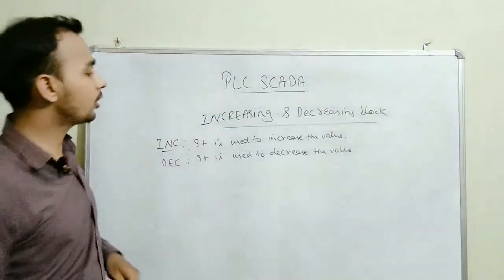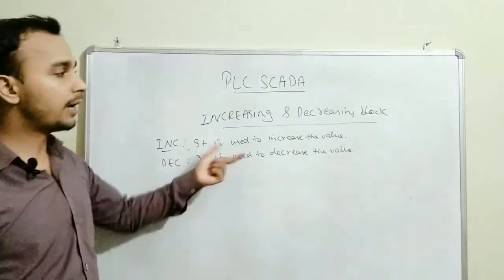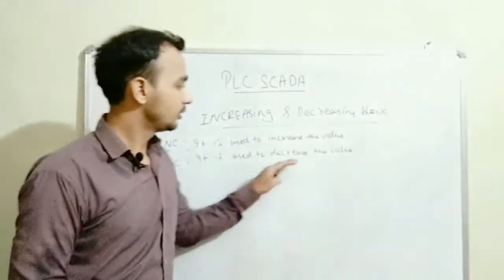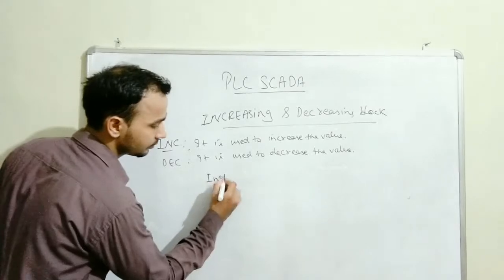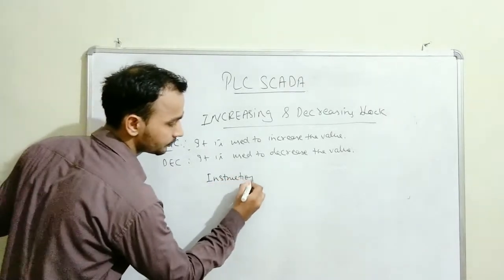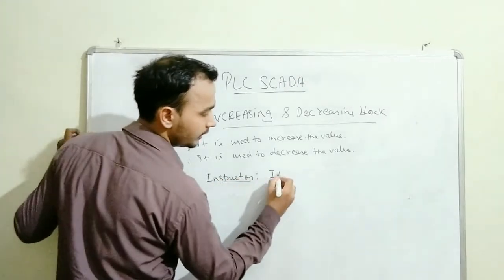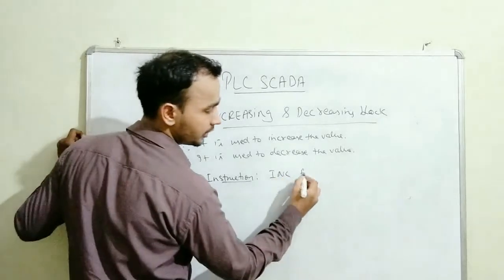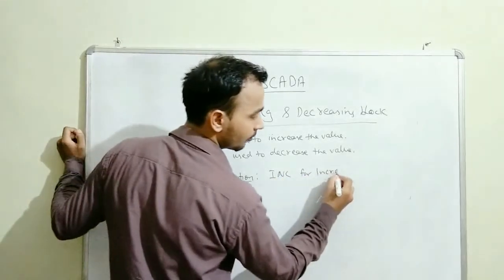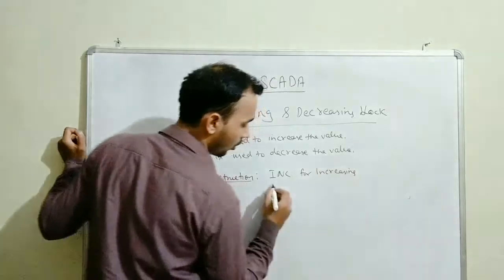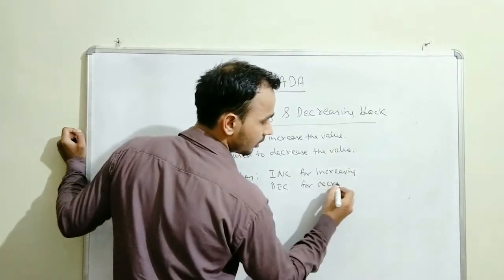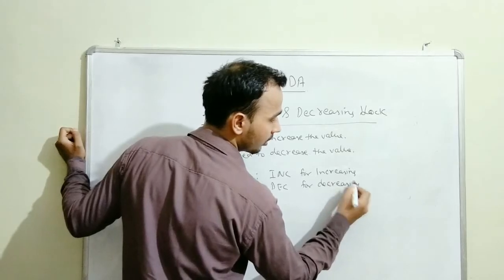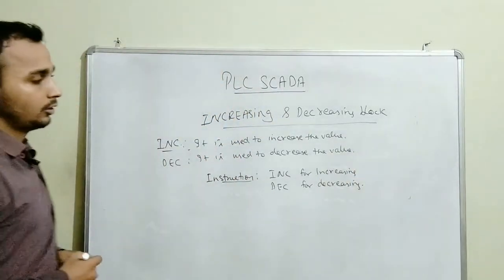This block is also used for making a parking system. In Mitsubishi, the instructions are INC for increasing and DEC for decreasing.